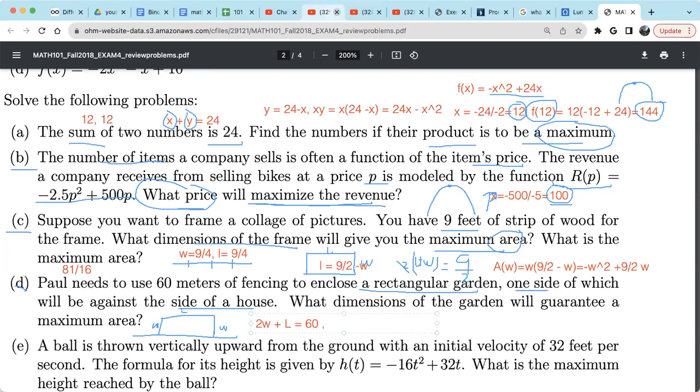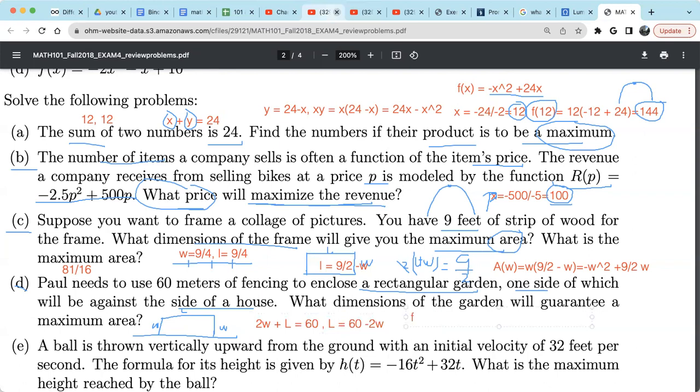So in this case, we could see L equals 60 minus 2W, because later on I need to use L in terms of W. So now the question is asking, what dimensions of the garden will guarantee a maximum area? Again, the area.